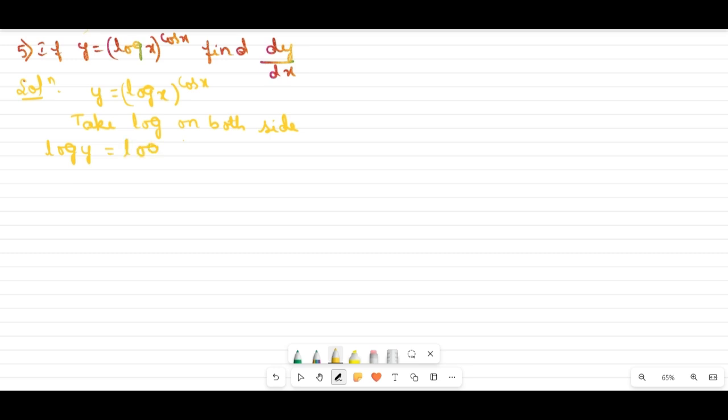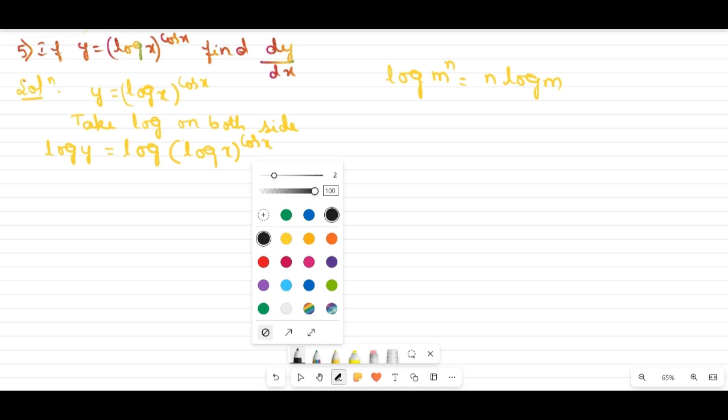Observe this. If you take log on both sides in this problem, the base is log x, so log x whole power cos x. Be careful. What is the property? Log of m power n is n log m. Observe this: in the place of n, we have cos x.